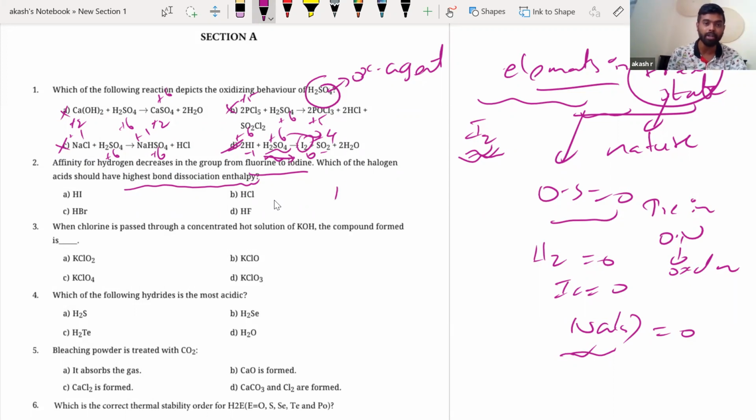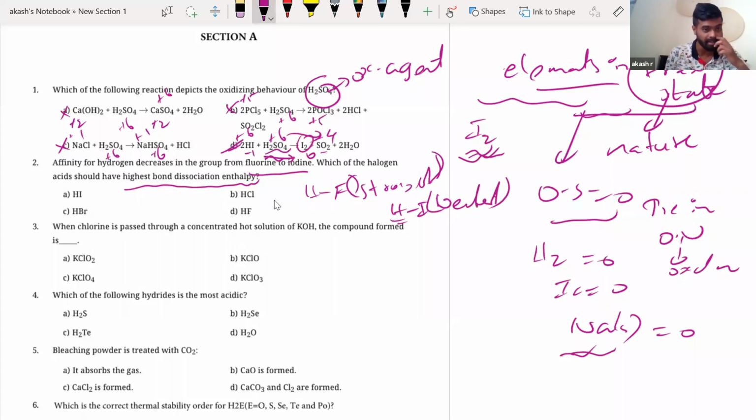That is, fluorine has the highest affinity for hydrogen. So if I have a HF bond, that would be the strongest bond. And if I have HI down the group, the affinity for hydrogen decreases. So HI will be the weakest bond.